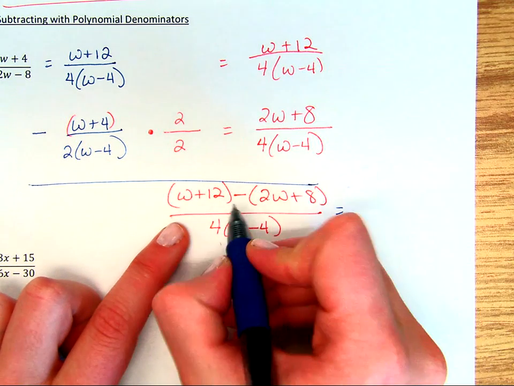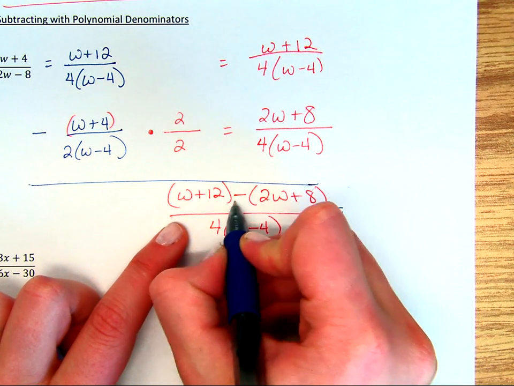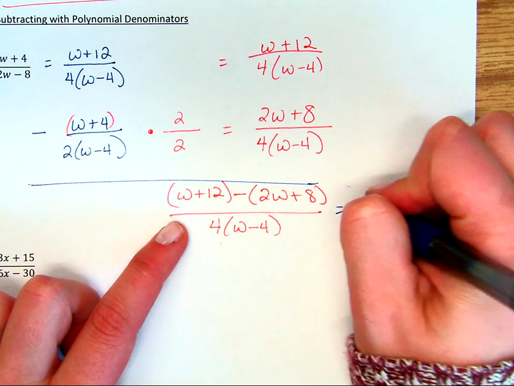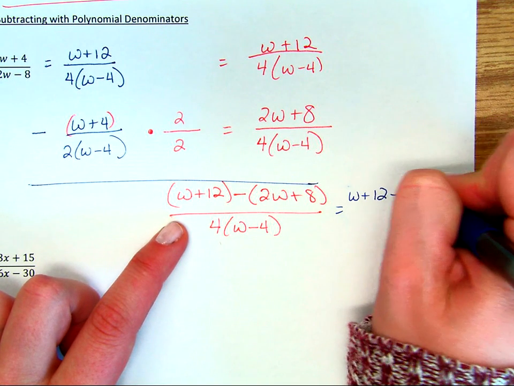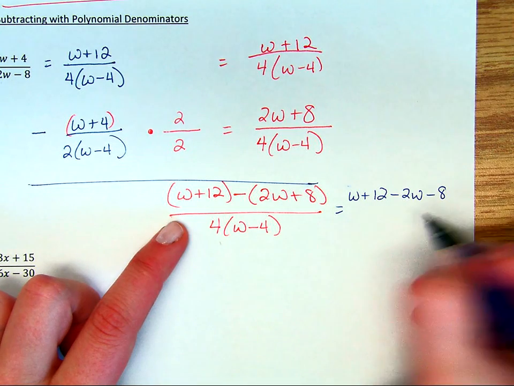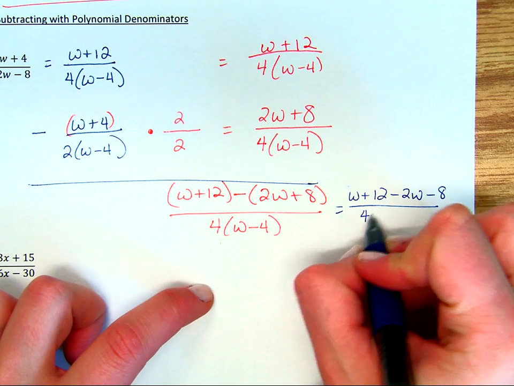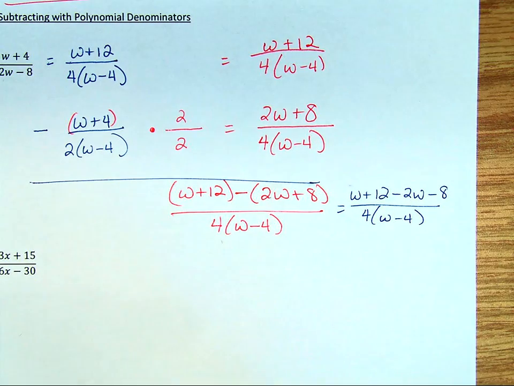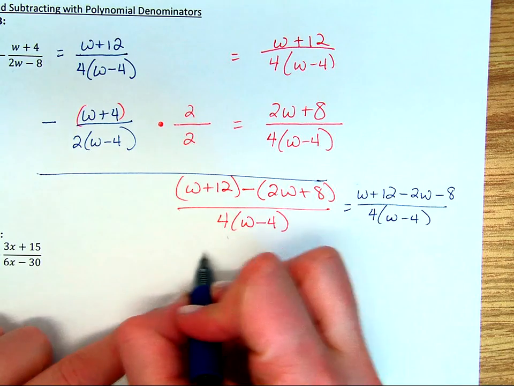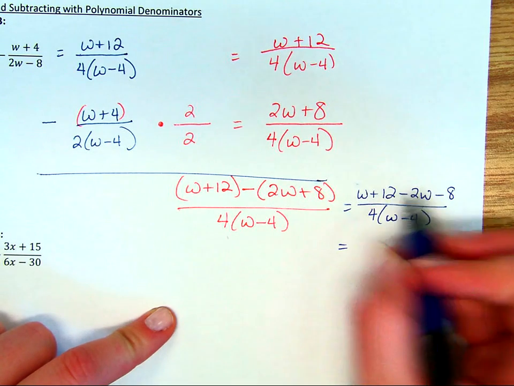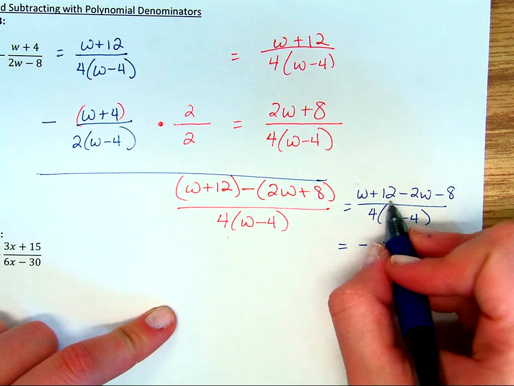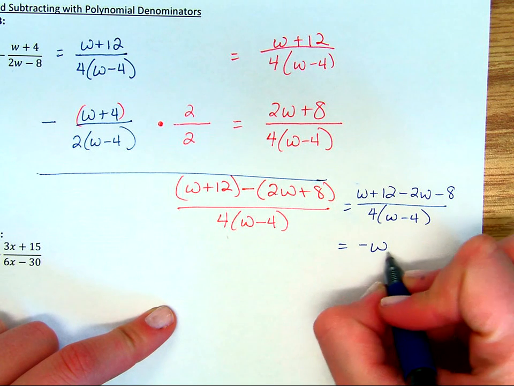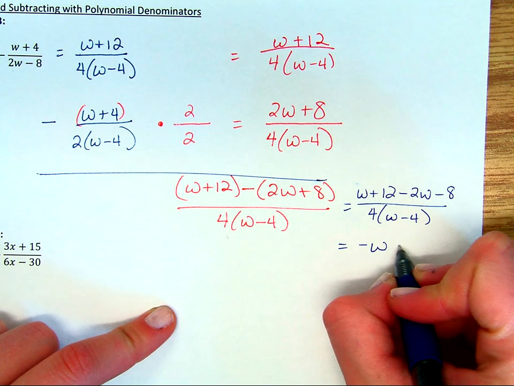If it helps, you can change this to plus and then change the signs. So this is w plus 12 minus 2w minus 8 over 4 times w minus 4. So combine like terms. W minus 2w is negative w. 12 minus 8 is 4.